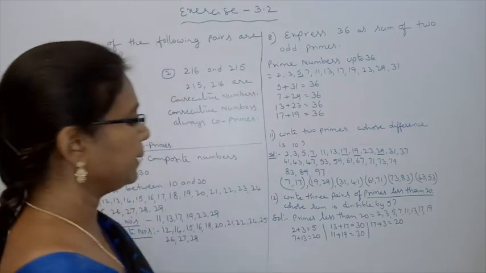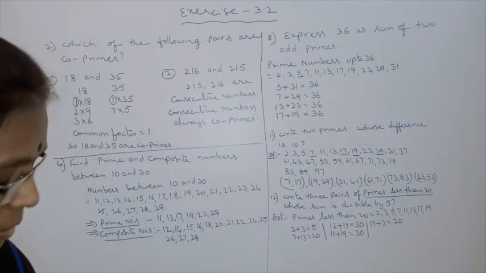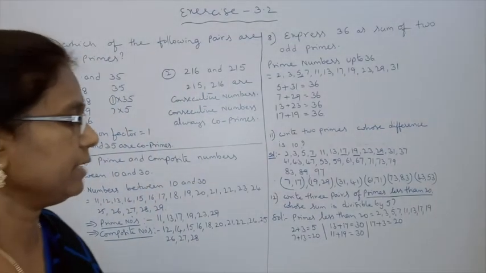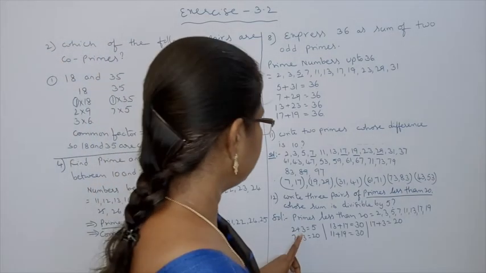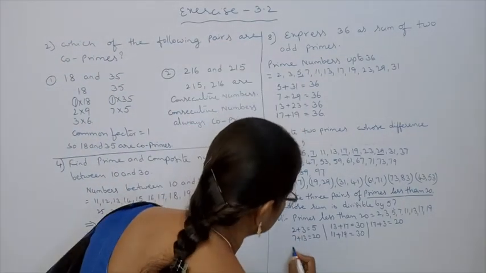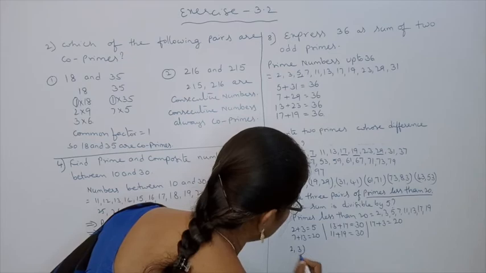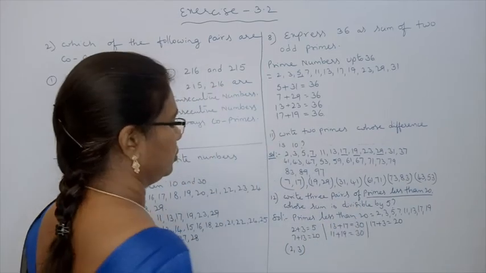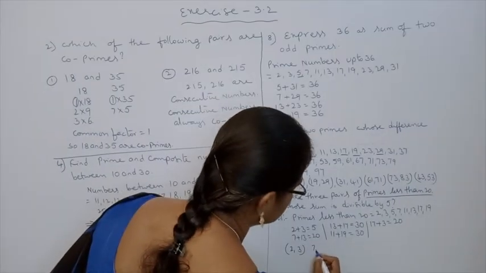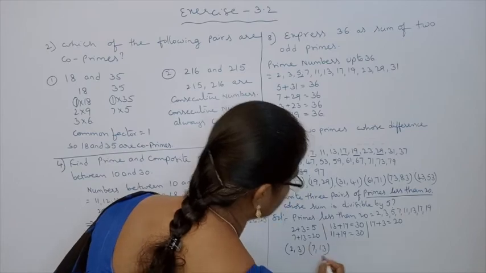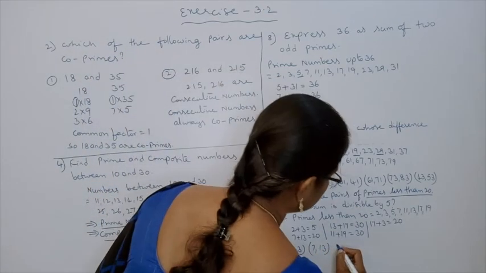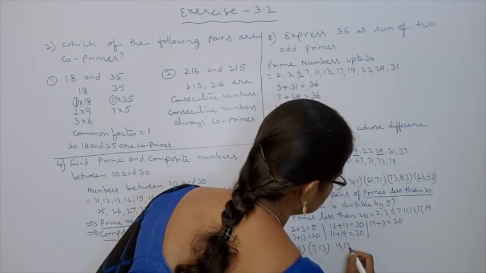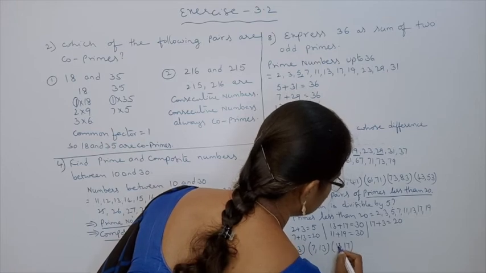Now, these are the pairs of numbers whose sum is divisible by 5. See, what is a pair first? 2, 3 pair. 2 plus 3, 5, divisible by 5. Next, 7, 13: 7 plus 13, 20, divisible by 5. Next, 13, 17: 30, divisible by 5.